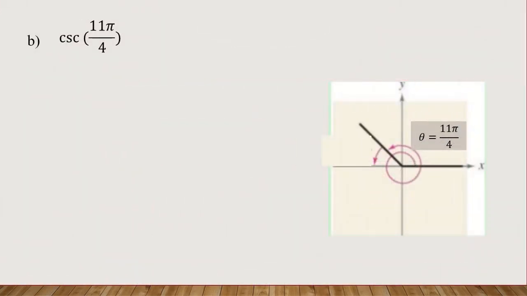Look at question B, the cosecant of 11 pi over 4. The angle 11 pi over 4 lies in the second quadrant. So the reference angle alpha is here. To find the reference angle, we notice that one complete circle is 2 pi, and we proceed with another half circle, which is another pi, so we have 3 pi here.